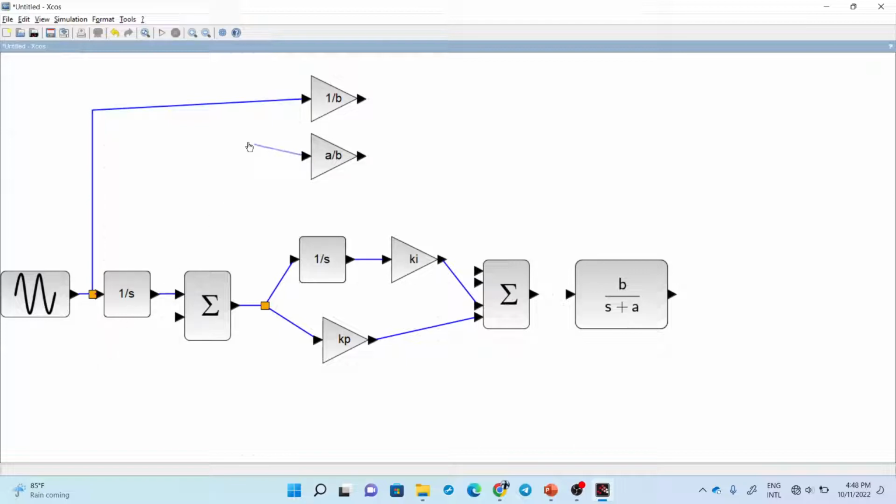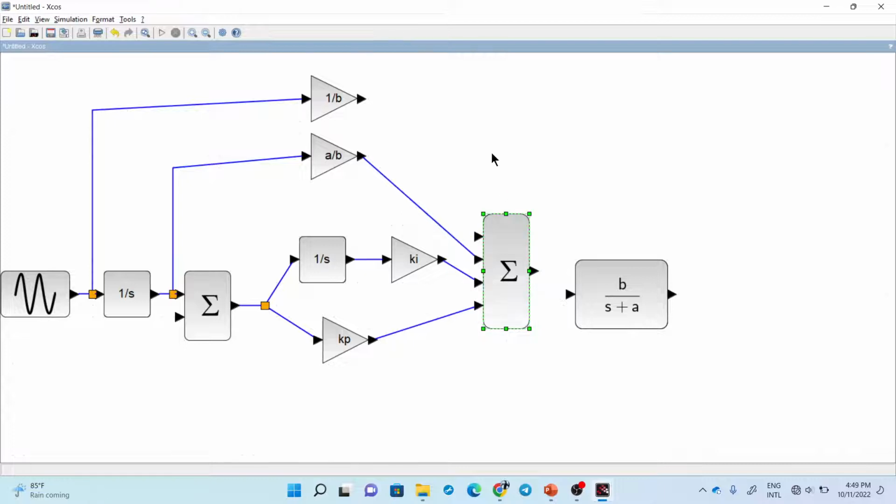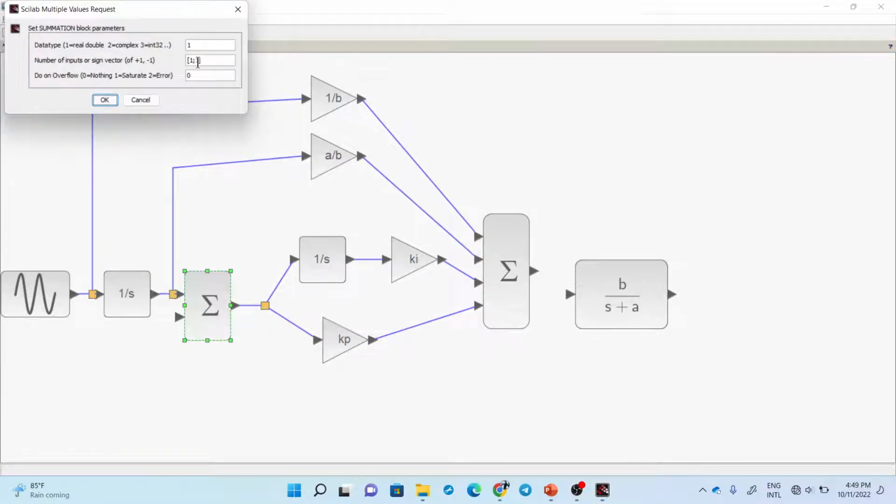And omega d times a over b here. Okay. And then I add to here as well. This one should be minus, right?